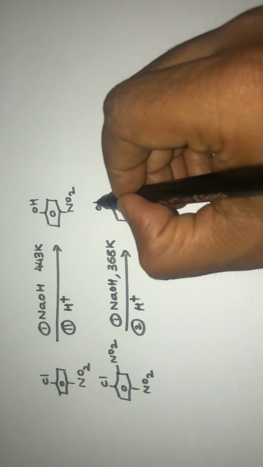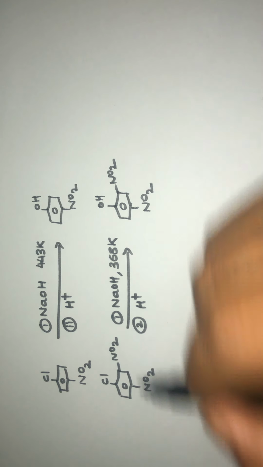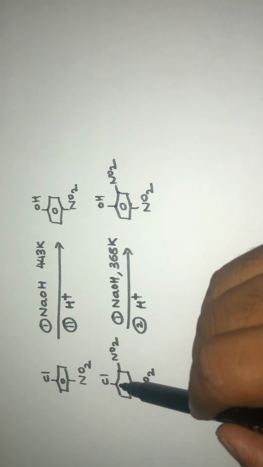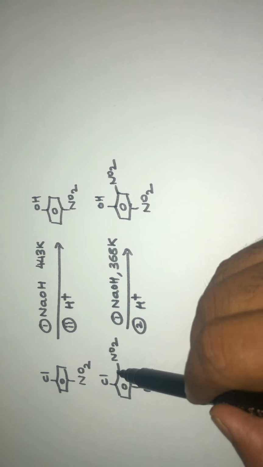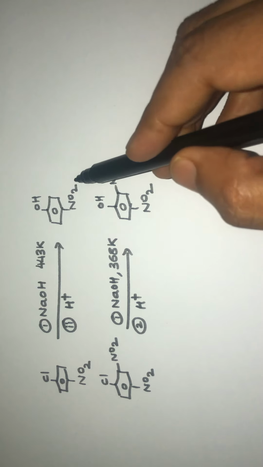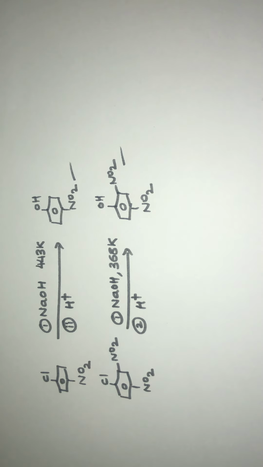The NO2 group, that is an electron withdrawing group, stabilizes the intermediate formed, because when OH- attacks here, the electrons move here, so this electron withdrawing group pulls those electrons and stabilizes the intermediate. That is why the presence of NO2 group increases the reactivity of this chlorobenzene.